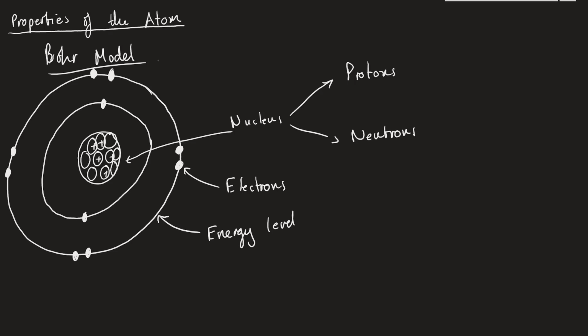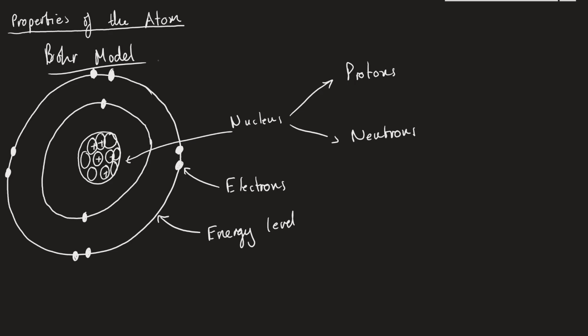What they mean by non-radiating is that as an electron travels in a circle, it would naturally give off some sort of radiation, which means it should lose energy and eventually be attracted towards the positive nucleus. But one of the postulates of Bohr's model is that that doesn't happen.